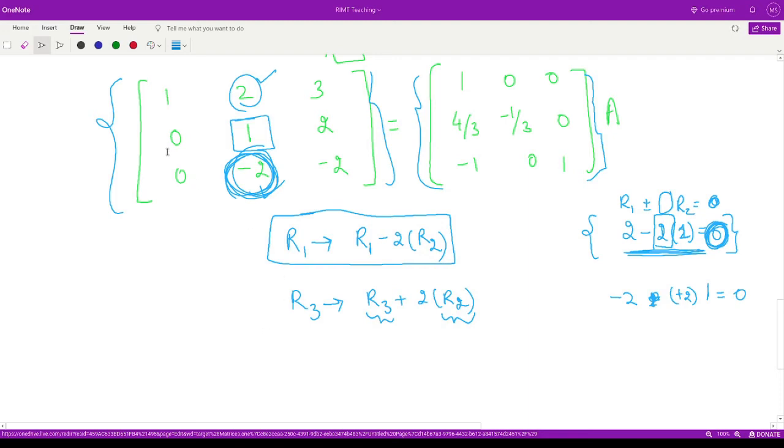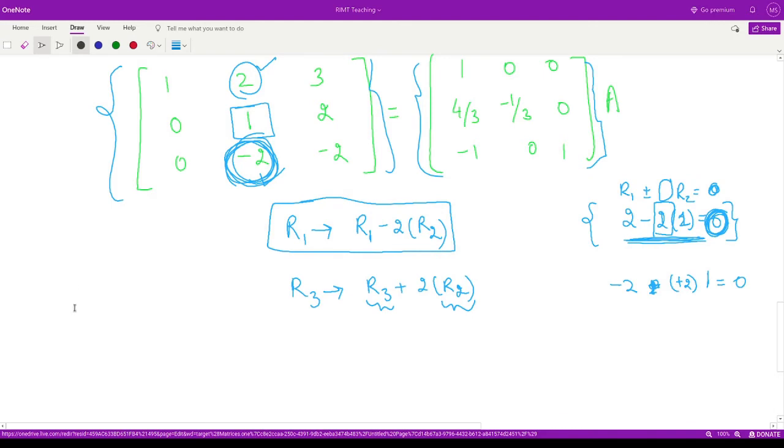In this case, you can see there is no change on the second row. So the second row could be written as such: 0, 1 and 2. For the first row, we have the operation R1 minus 2 times R2. So R1 here is 1 minus 2 times R2, so it would just be 1. Then 2 minus 2, that is 0, as I have told you.